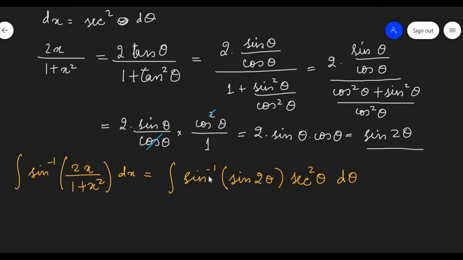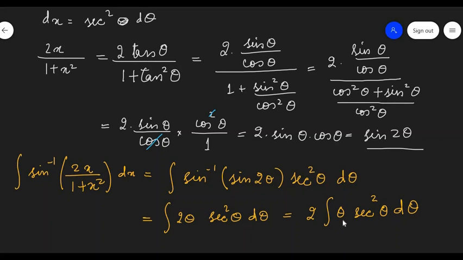Now here you have sine inverse of sine. So these two will cancel each other and we will be left with integration of 2 theta sec square theta d theta. We can also take 2 out of integration and write 2 integration of theta sec square theta d theta.